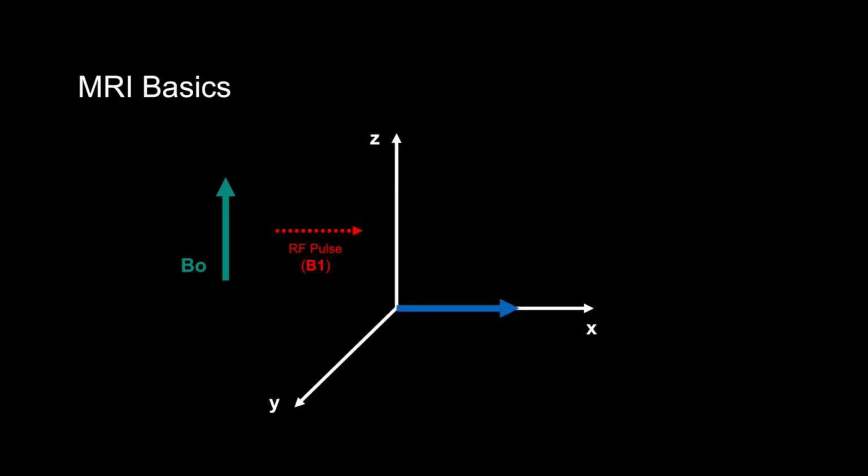One, it's going to tilt the net magnetization vector into the xy plane. And two, the protons are going to precess in sync with each other, so the entire net magnetization vector is precessing in the xy plane, as illustrated here.